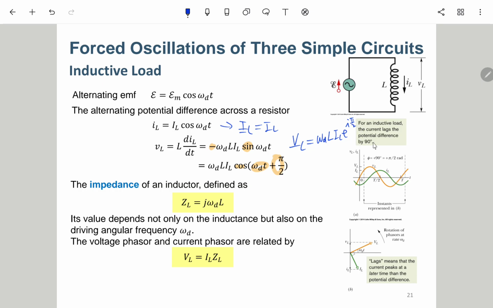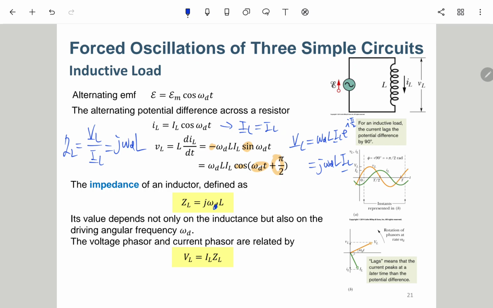This is an imaginary number, so it is nothing but j omega_d L I_L. Here we can also define Z_L to be the V_L phasor over the I_L phasor. This is nothing but moving this one to the other side, so we have j omega_d L. So here we have Z_L to be j omega_d L, or you can just ignore this d.